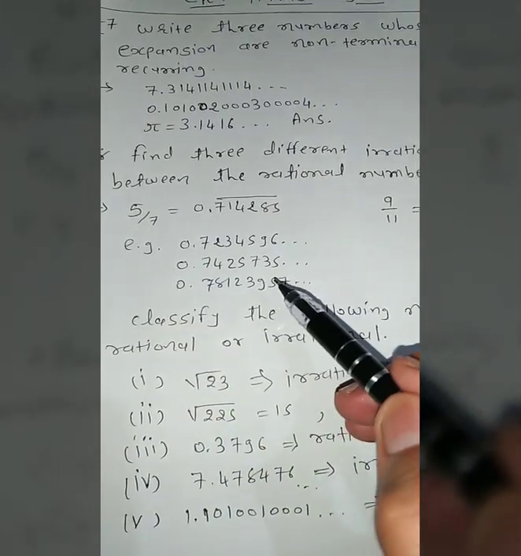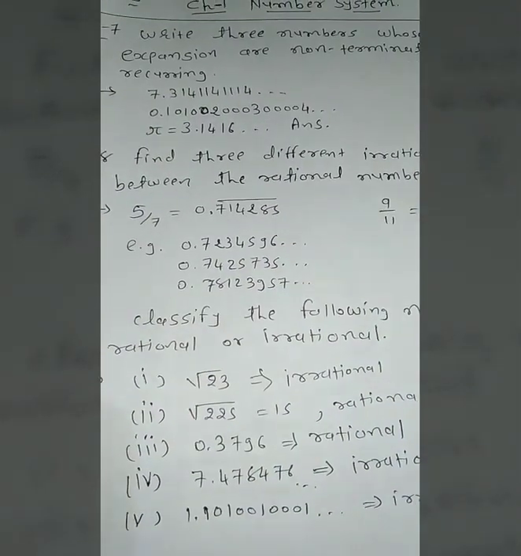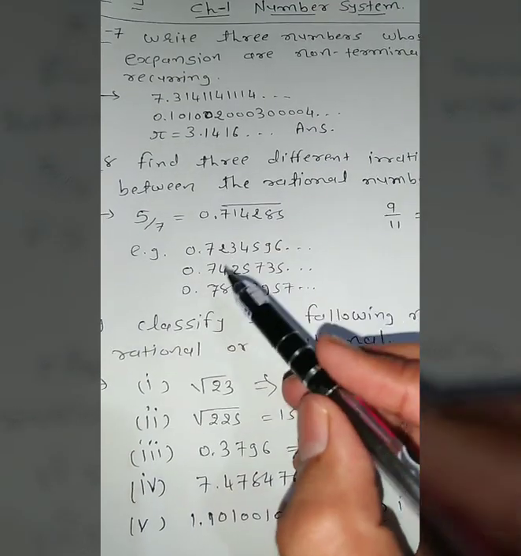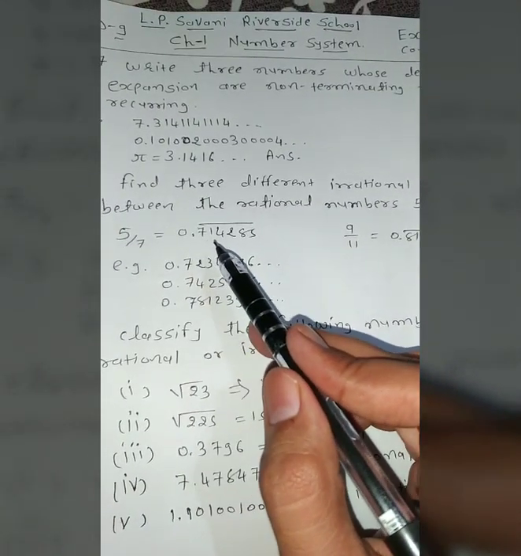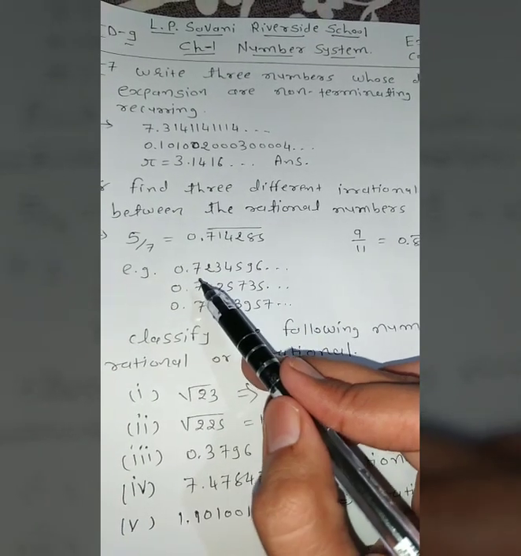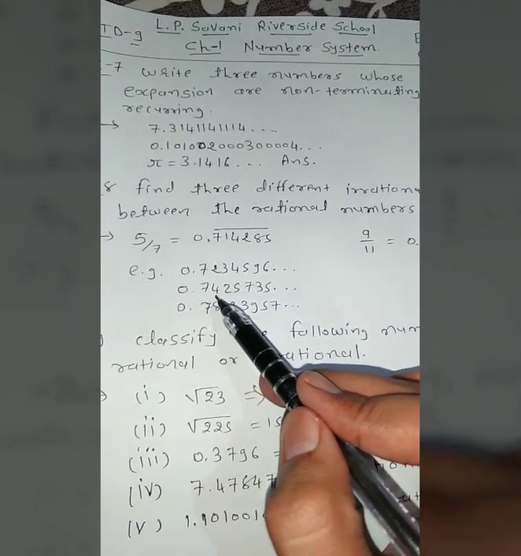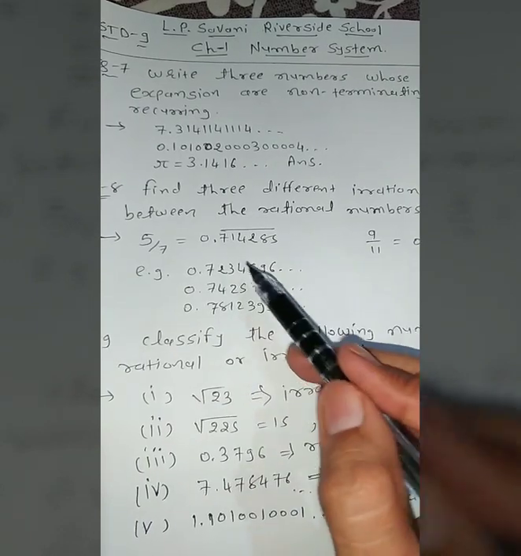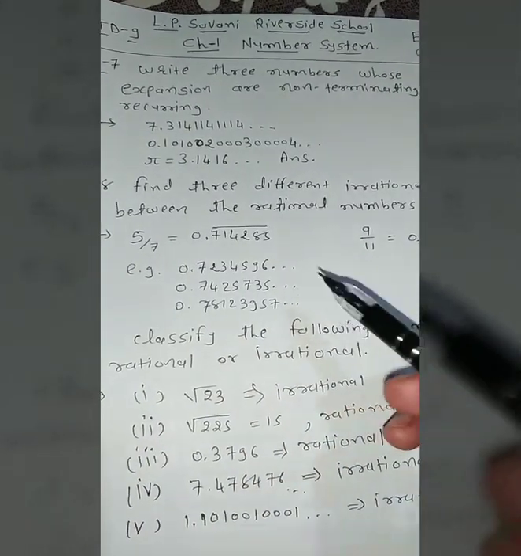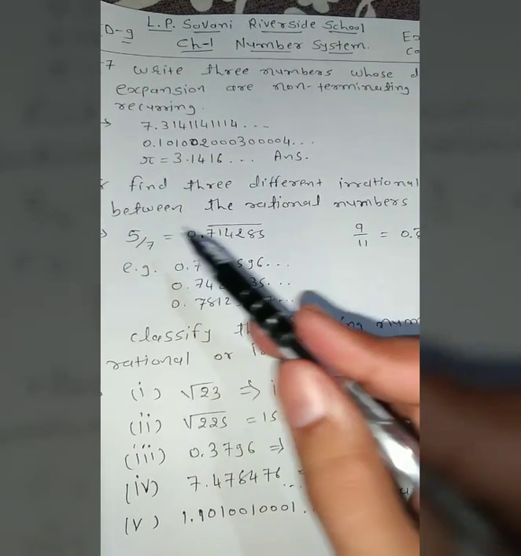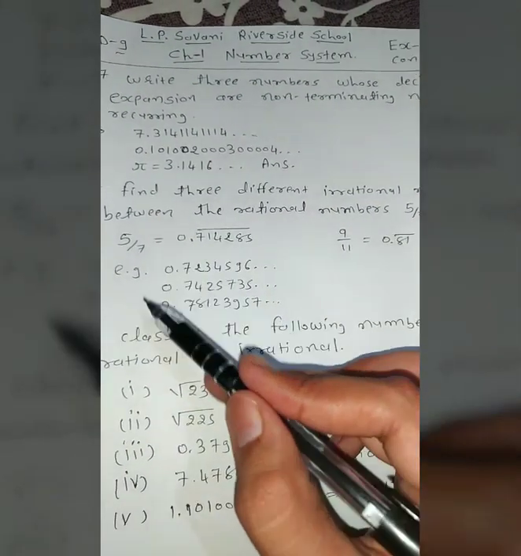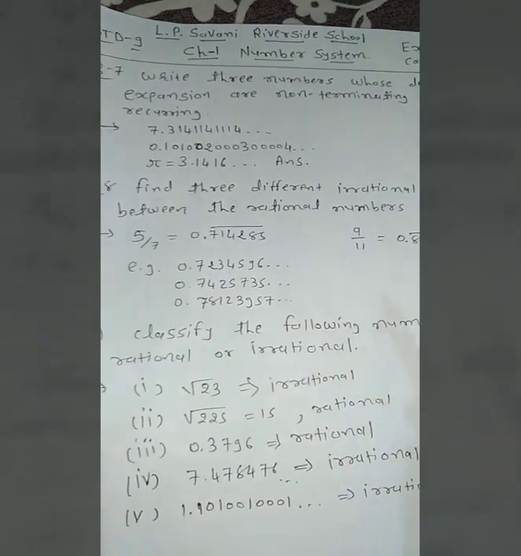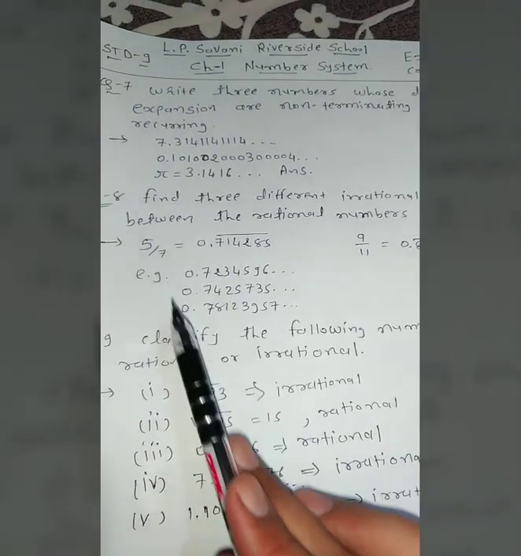Between these numbers we want to find other numbers. So I take examples like 0.72, 0.74 and 0.78. These are all other numbers. Between 5/7 and 9/11 there are many numbers you can take. I take just examples like this.